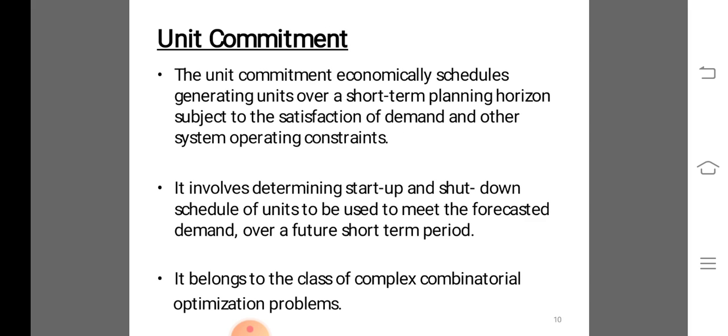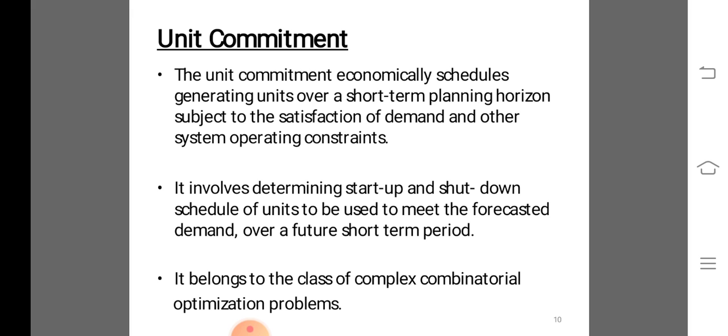The next topic is unit commitment. The lifestyle of a modern man follows regular habits, and the present society also follows regularly repeated cycles or patterns in daily life.